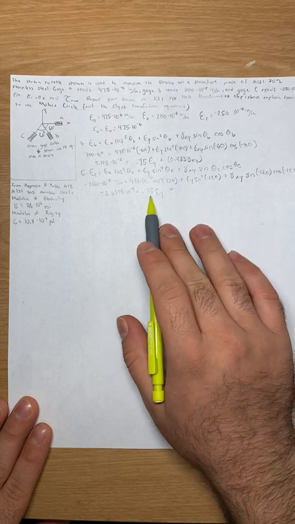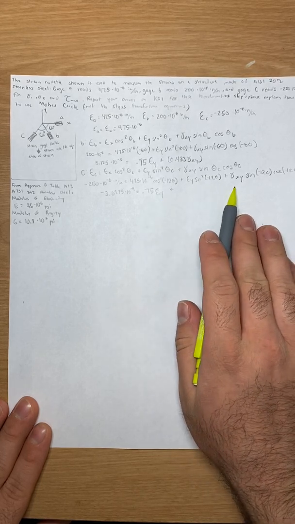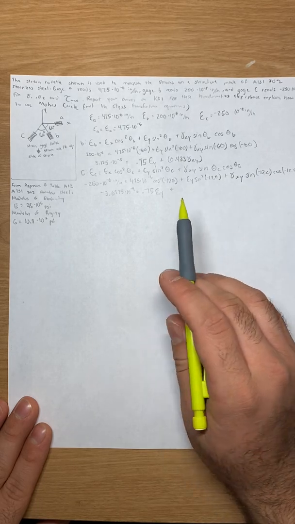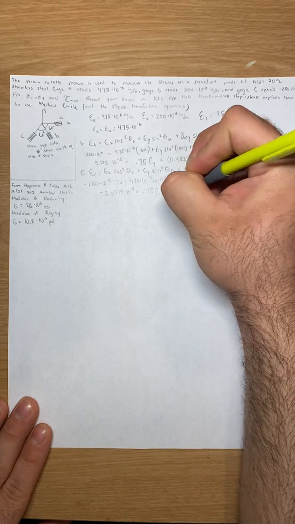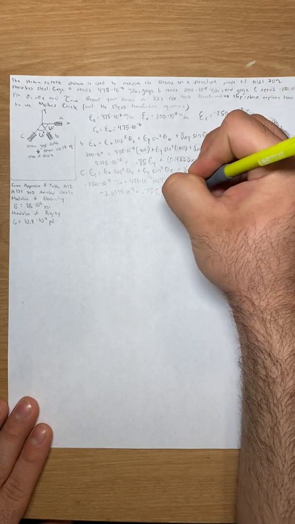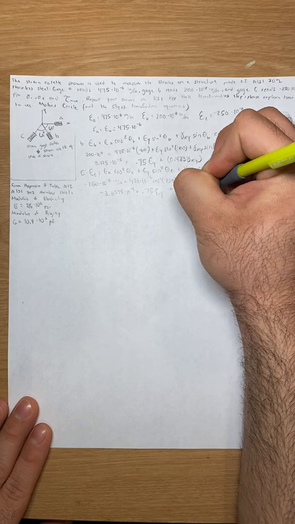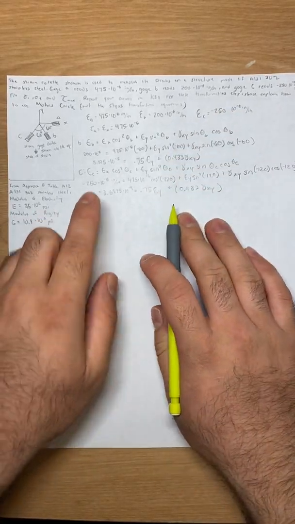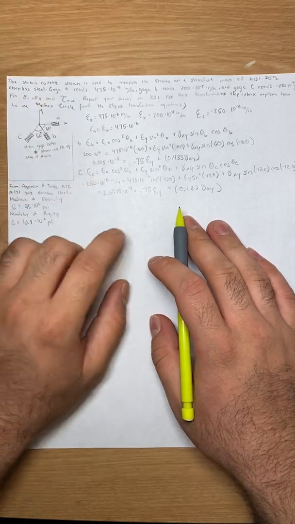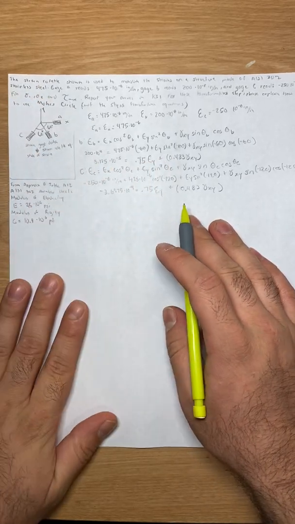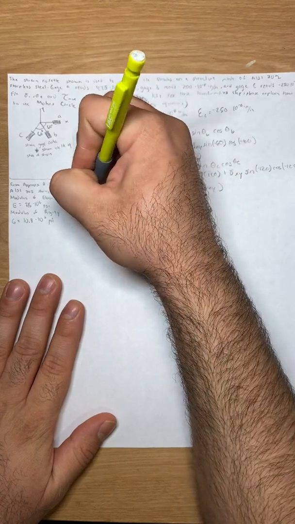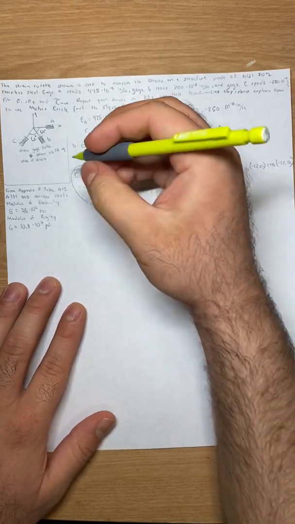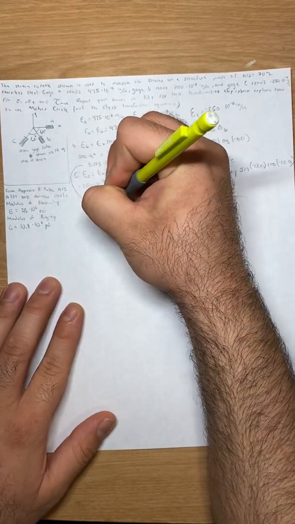Sine squared negative 120 gives you 0.75, and then sine negative 120 cosine negative 120 gives you a value of positive 0.433 gamma XY. So here we have two equations, two unknowns. We can just add these two. So I'm going to bring this down, and I'm going to add all of it.